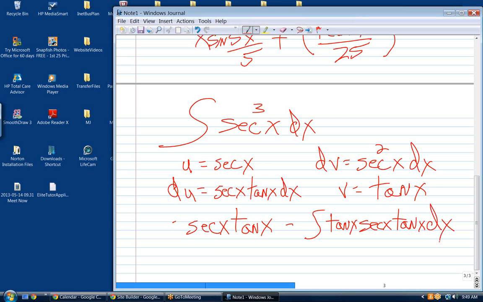Did you get that part? Yep. Okay, that's secant squared tan x. Now I can substitute for tan x secant squared minus 1. So this becomes secant squared minus 1 times secant x dx.